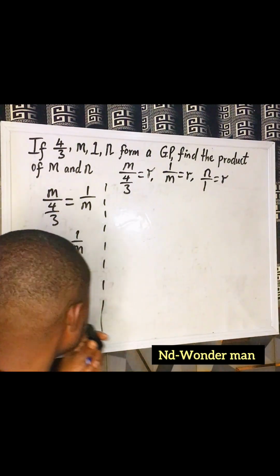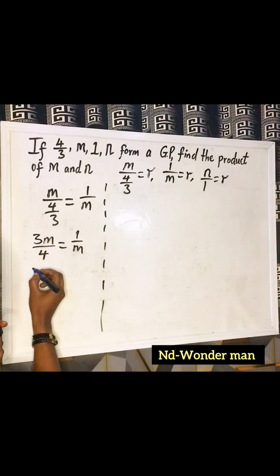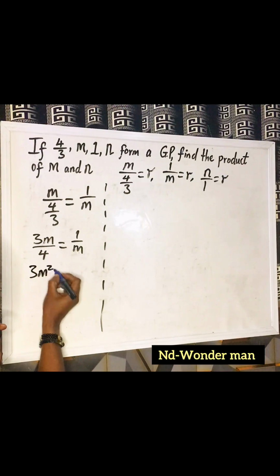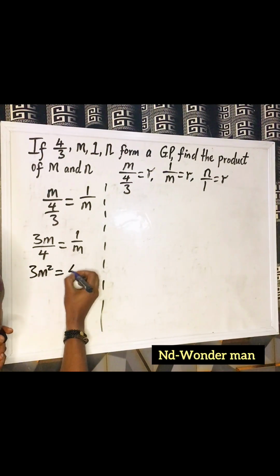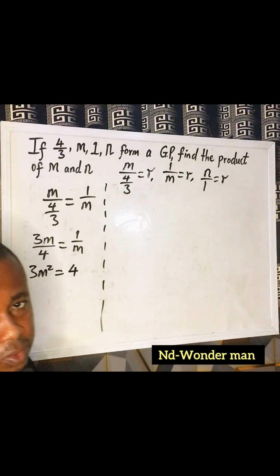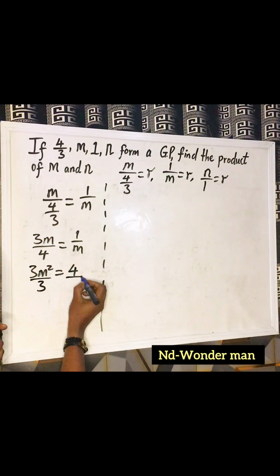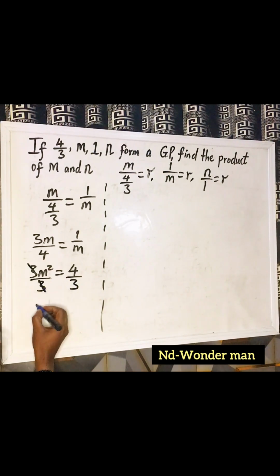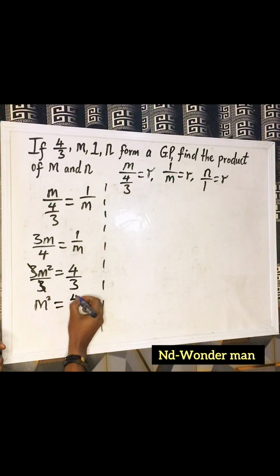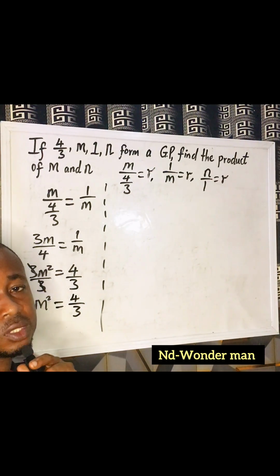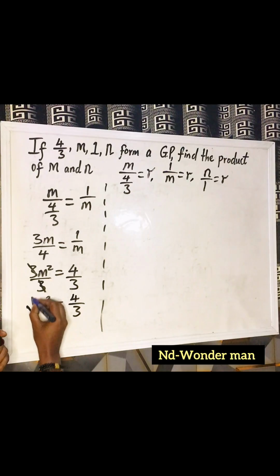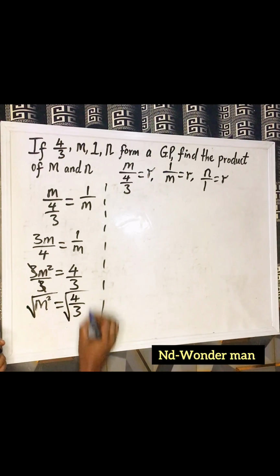Then what is the next approach? We cross multiply. m times 3m is 3m squared. 4 times 1 is still 4. So I'll divide both sides by 3, and that 3 is the coefficient of m squared. So 3 cancels 3. We have m squared is equal to 4 over 3. What do I do now to make m stand alone? I'll take the square root of both sides.